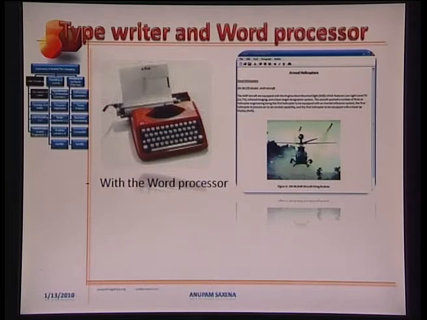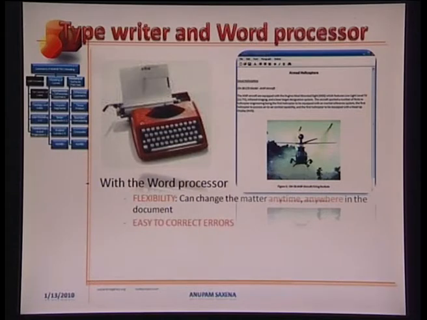With the word processor, we have a lot of flexibility. We can change the matter anytime, anywhere in the document. It is very easy for us to correct errors. We don't see any wastage, such as that of paper.